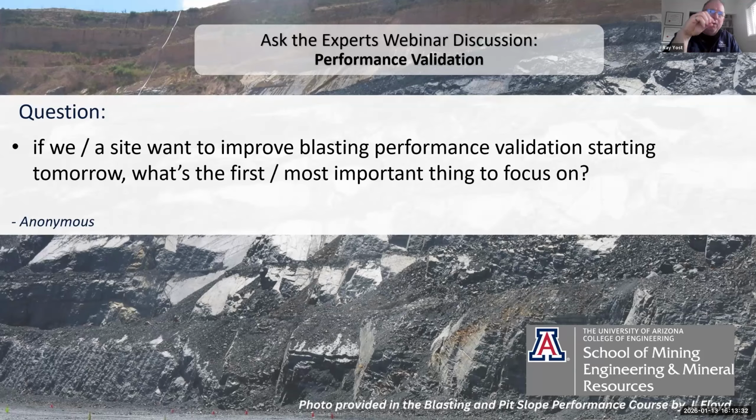Here's what we'd have to mine it at, which was, I think, 5 or 6 degrees, maybe even 10 degrees flatter. It's like, okay, guys, either fix this blasting program or flatten the slope. And that tends to get a lot of attention because no one wants to flatten that slope. It's usually far less expensive to fix the blasting program. And that can help drive those conversations you're talking about.